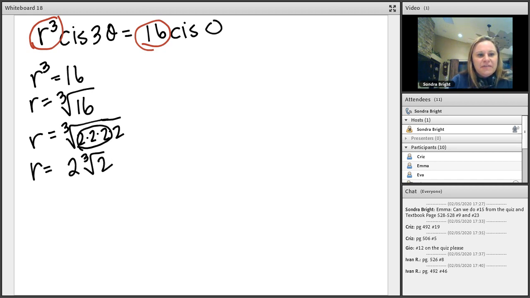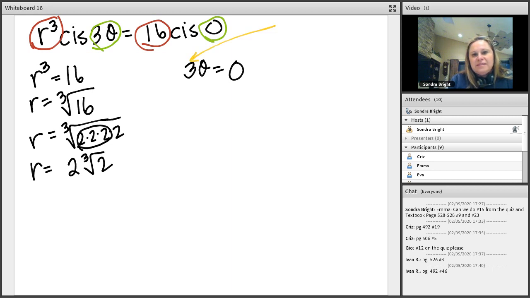The other thing that's true with this equation is that 3 theta must equal 0. If you remember from trig, when you have 3 theta, that 3 means you need to go around the circle 3 times, 3 revolutions. Theta will be between 0 and 2 pi, so 3 theta means you're going around 3 times.